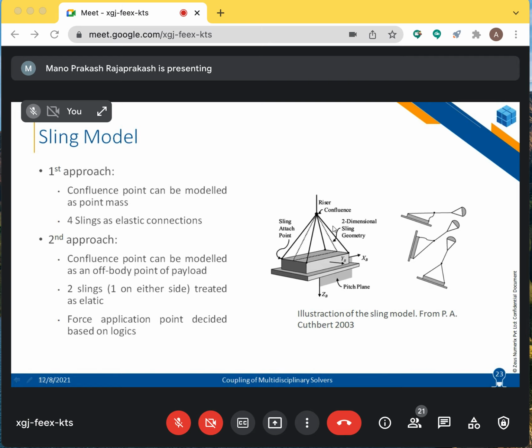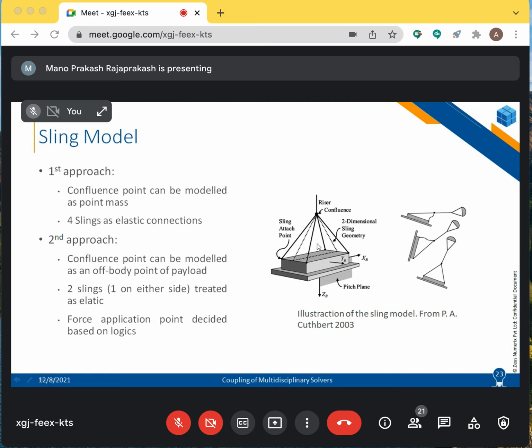There is another alternate approach where I can model this as a separate entity, a separate body. This is a 3 DOF or a 6 DOF body, and these connections can be defined as elastic connections.